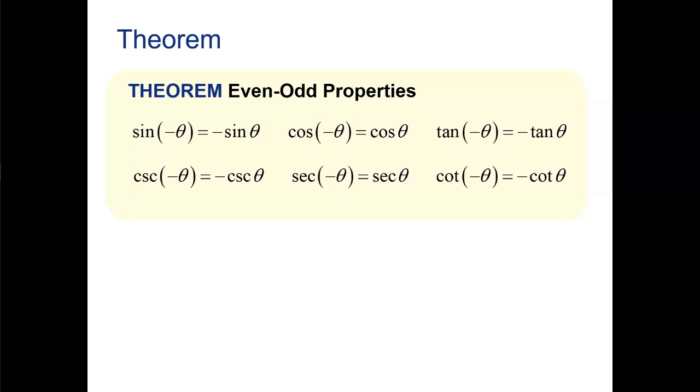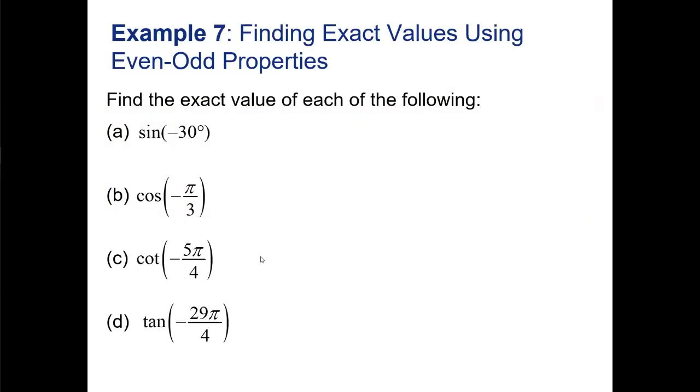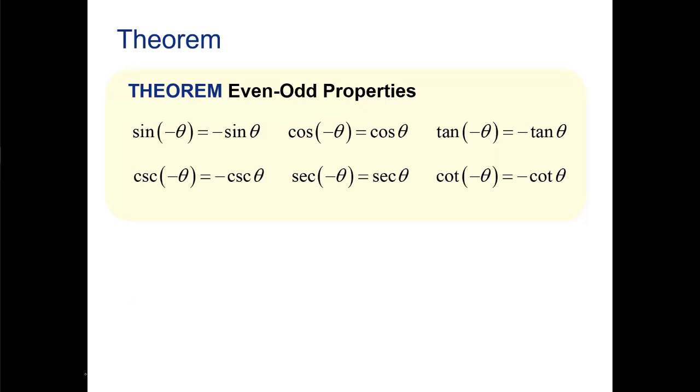Okay, so here we have a summary of the even and odd properties. It's considered an odd function if the sine of negative theta is equal to the negative sine of theta. So just in general, if we have f of negative x that always evaluates to negative f of x, then we call that an odd function.